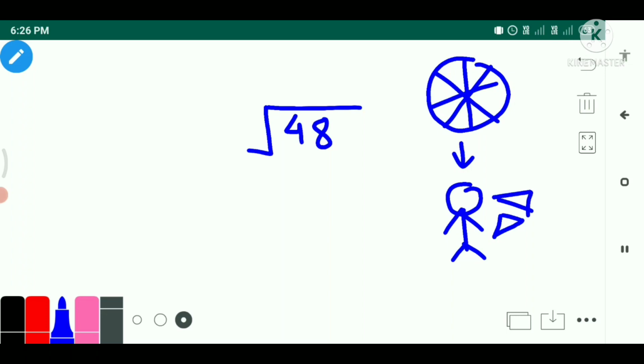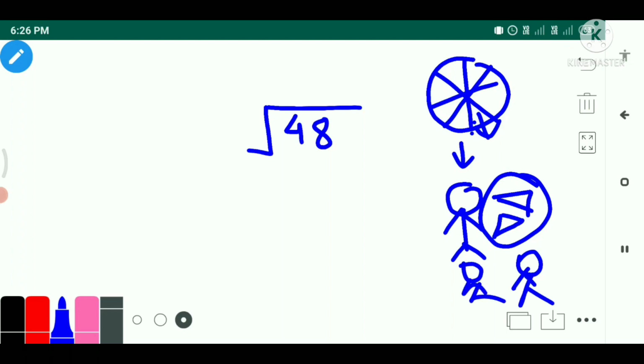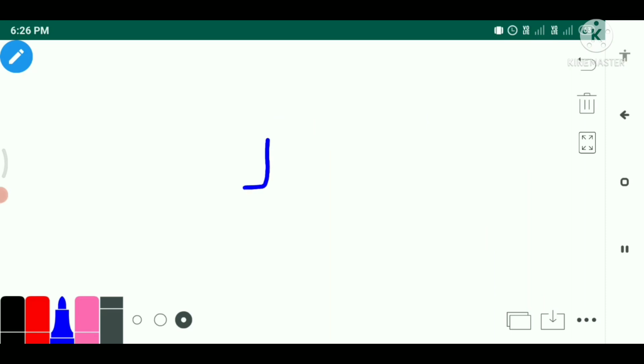So how many children will be there? Just divide this 48 by 2, and we'll get the number of children. So this is what we will do now. So we'll divide 48 by 2. So 2 2s are 4.